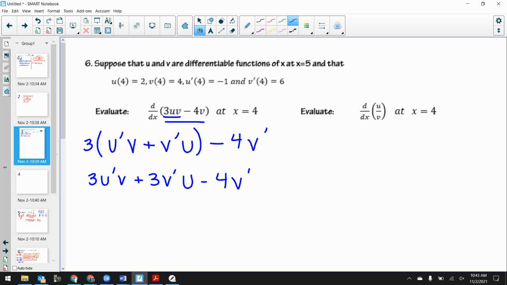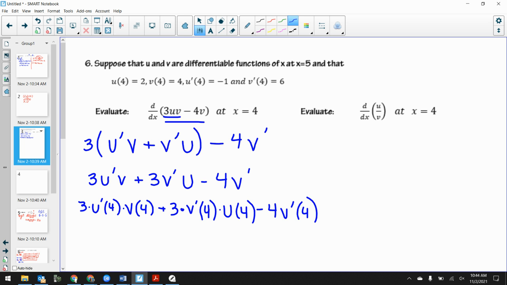Okay, this all looks like gibberish right now. But now I can use the fact that I want to find this at x equal 4. So this is technically now 3u prime of 4 times v of 4 plus 3 times v prime of 4 times u of 4 minus 4 v prime of 4. All I'm going to do here is plug 4 into each of those things.